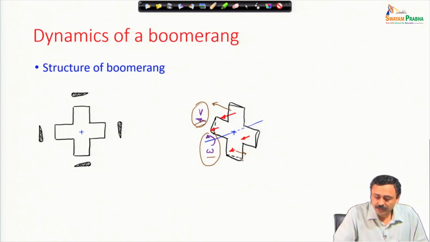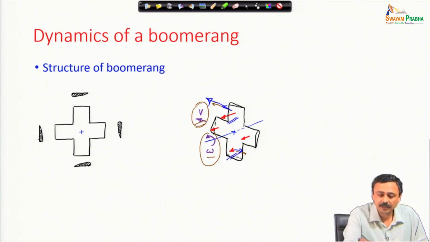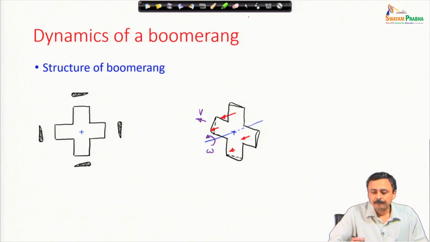Because of the spin they generate these two velocities, and because of the throw this gets reinforced, giving a higher velocity with respect to the air. Therefore, the lift is higher, whereas the lift in the lower arm is smaller. The other two, horizontal arms will generate similar lift.